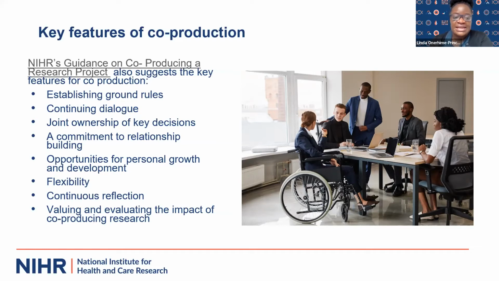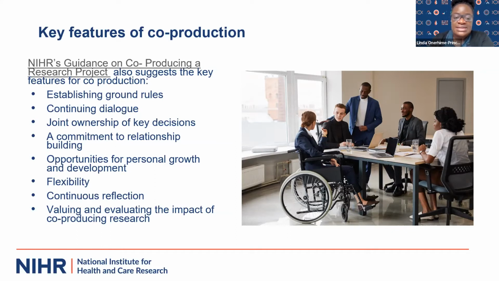The other aspect is continuing dialogue. So dialogue for all those working on the project and effective communication. Make sure there's a way to always communicate effectively, and that you're keeping everybody involved up to date in that project. There should also be a joint ownership of key decisions. It is the joint ownership of key decisions which really differentiates between co-producing and collaborating.